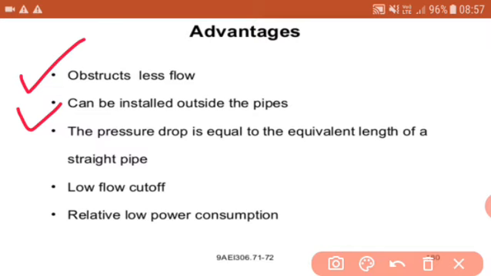Most flow meters are mounted inside the pipe, so it is complicated to mount them or to observe the operation of the meters, but this meter can be installed outside the pipes, so this is an advantage.